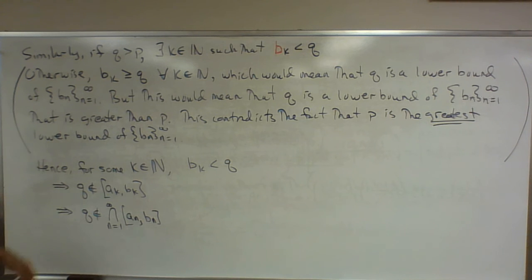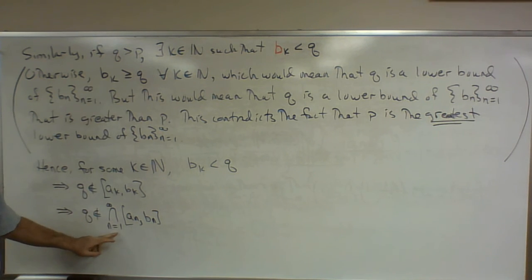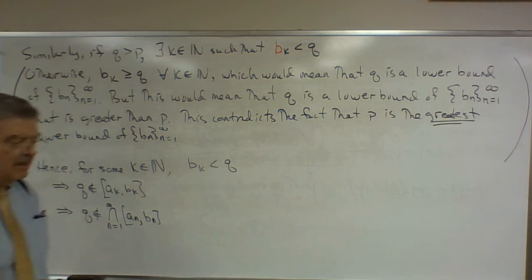So if we assume that Q is less than P, Q is not in this intersection. If we assume that Q is greater than P, Q is not in this intersection.